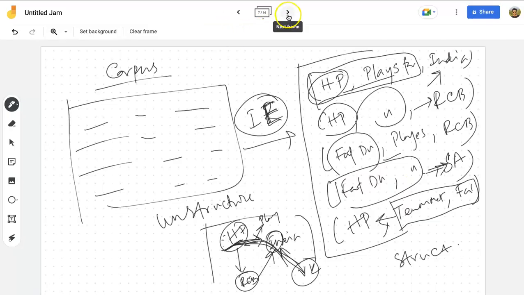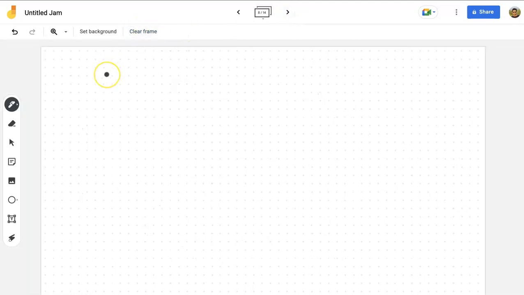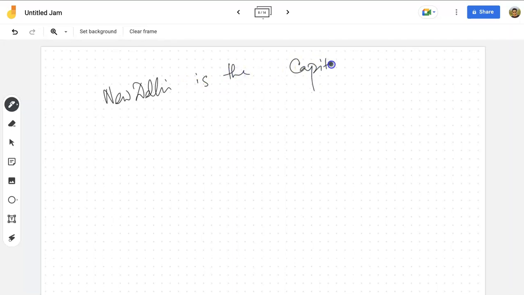If you just want to recap, suppose there is a sentence: New Delhi is the capital of India.